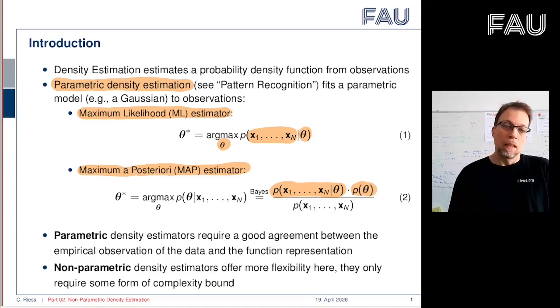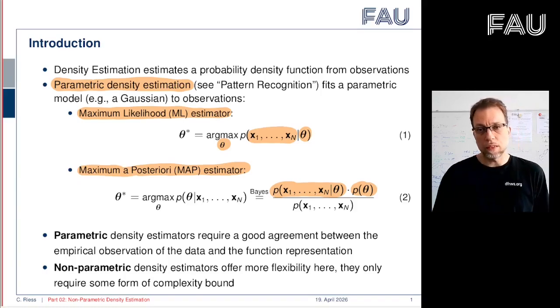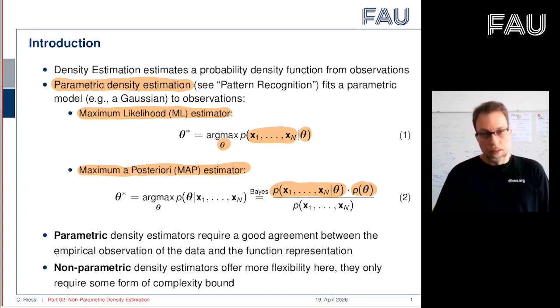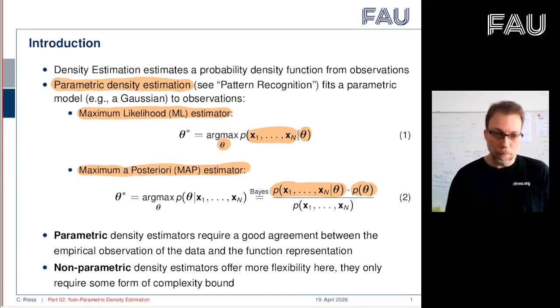No? Okay, so I don't want to talk too much about this because you covered this in pattern recognition, but what you need for parametric density estimators is a good agreement between the observations of the data and the associated function representation.